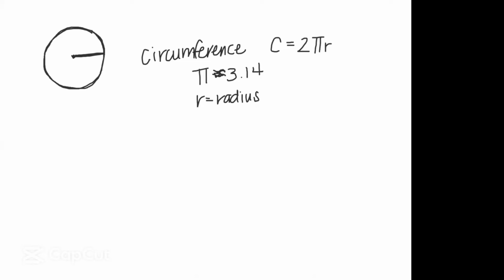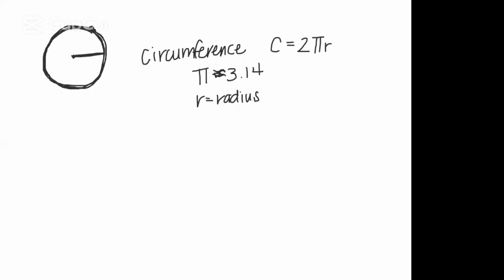So it's the measure of the outside. Another way of looking at this is if this was a track, and we got in a little truck and the truck went all the way around and came back to the same position, the distance that the truck drove would be the circumference of that space.